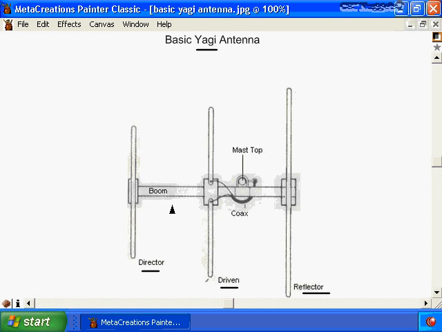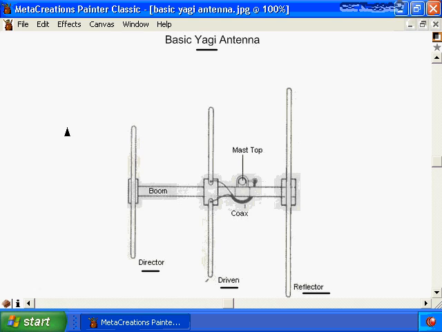And again, the more directors that we add to a Yagi antenna, that will increase the gain of the antenna, and as a result will decrease the beam width, or the cone pattern, or the coverage area will get narrower. However, the length of the coverage area will increase by adding more directors. So that's the 1, 2, 3s of a Yagi antenna.